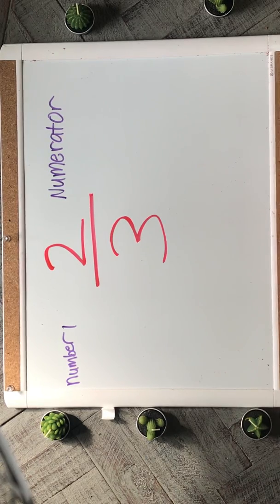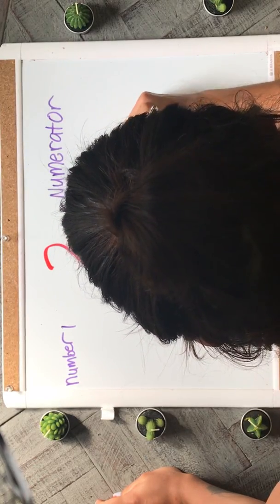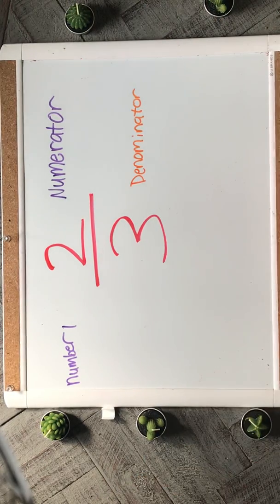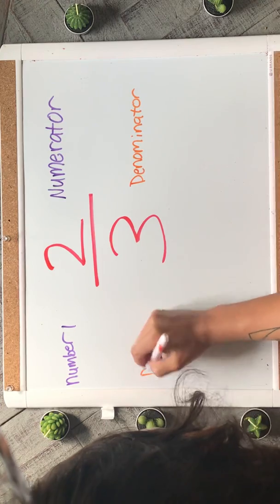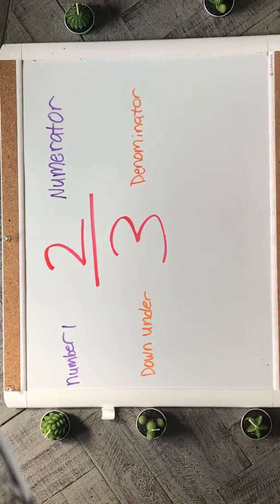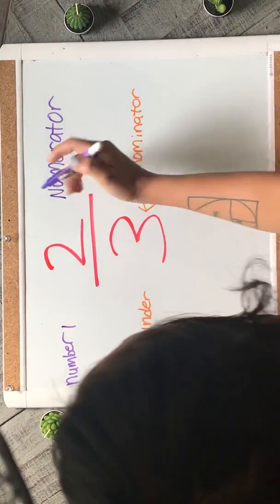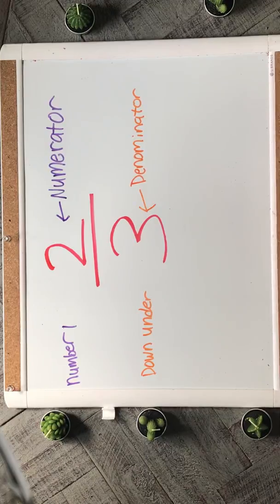Now for the bottom number, that is your denominator. And hopefully I spelled denominator right. I like math. I don't like spelling and reading so much. Okay, so your denominator, I remember that by denominator down under. Alrighty, so go ahead and just get that down. And make sure you have that, because all of these are important to know what they are, what the meaning of them is. Okay, so that's it.